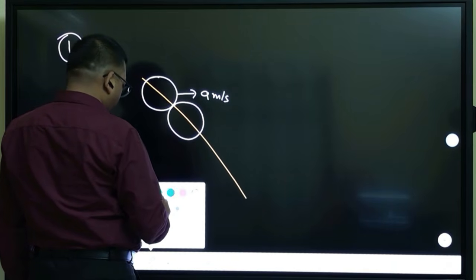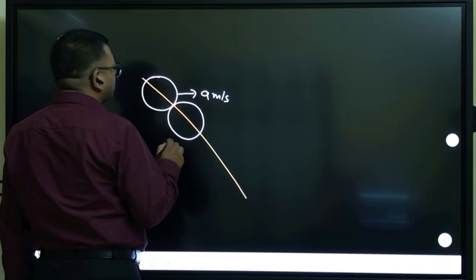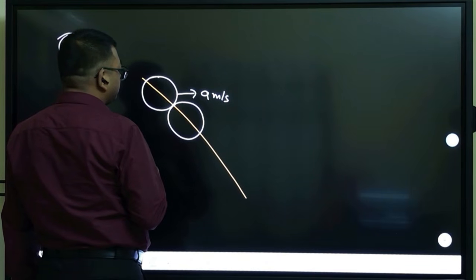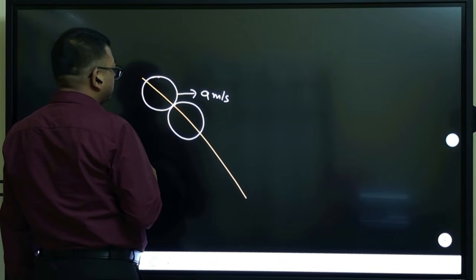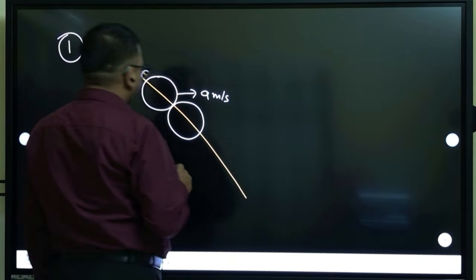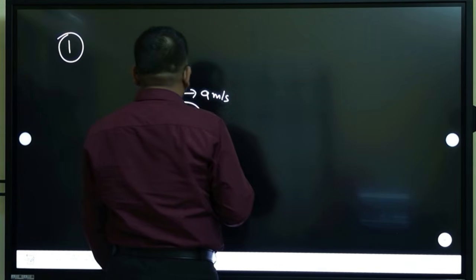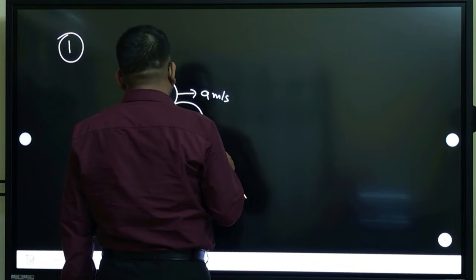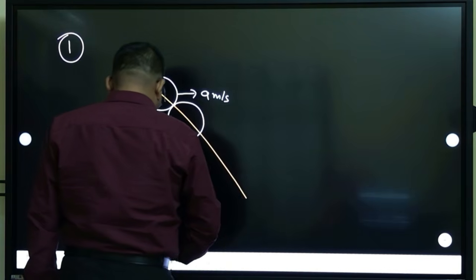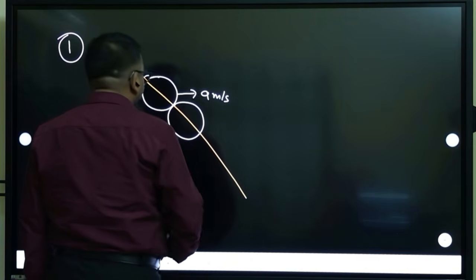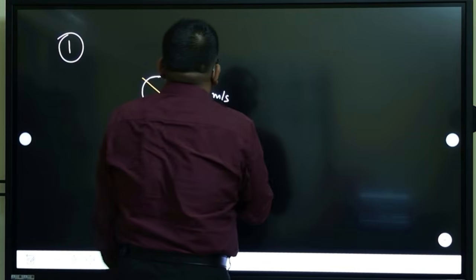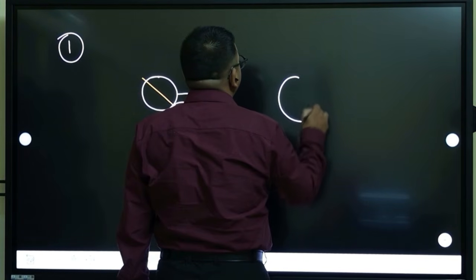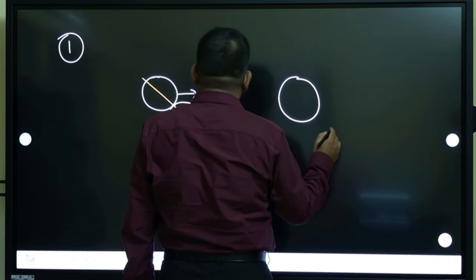And after collision, what happens? Okay. So initial velocity is like this way, let us say. After that, it makes 30 degree with that ball.